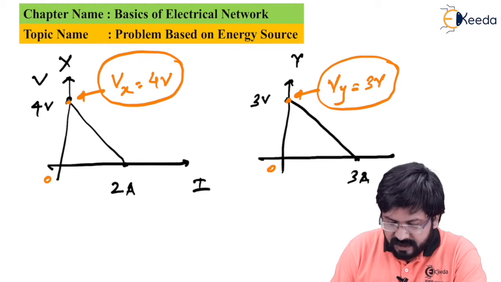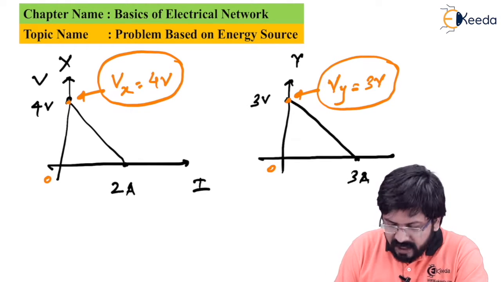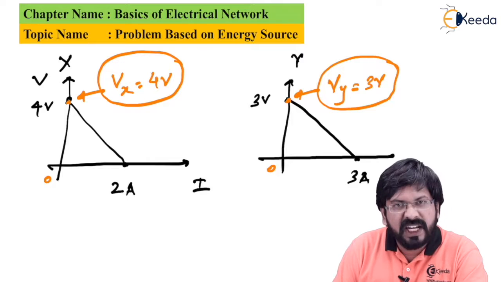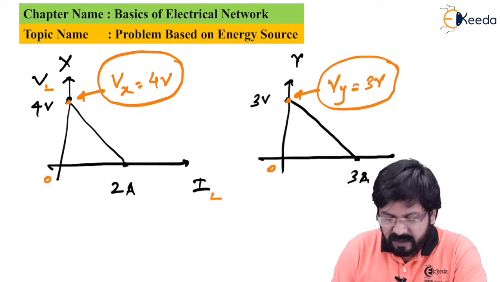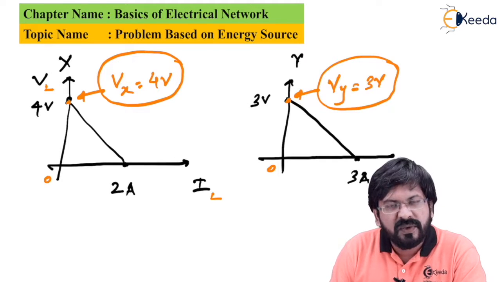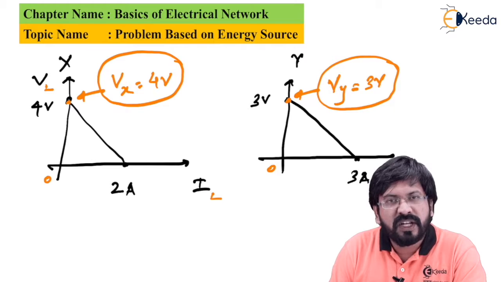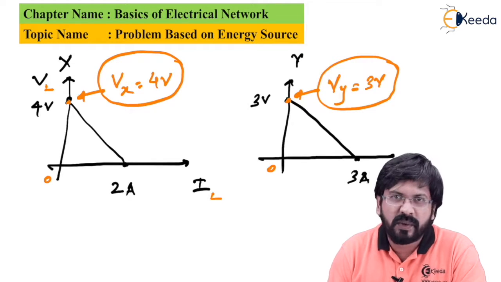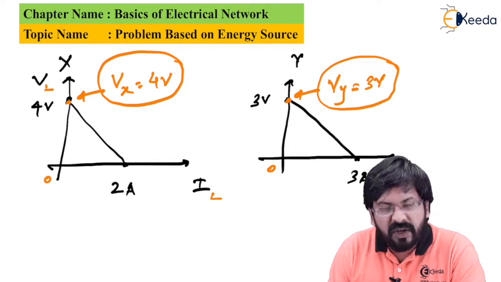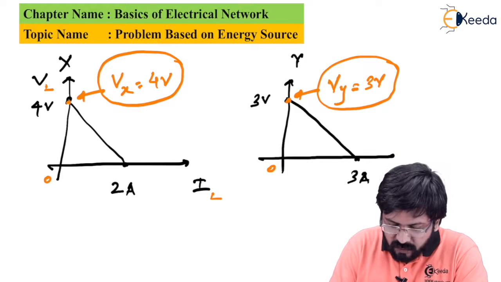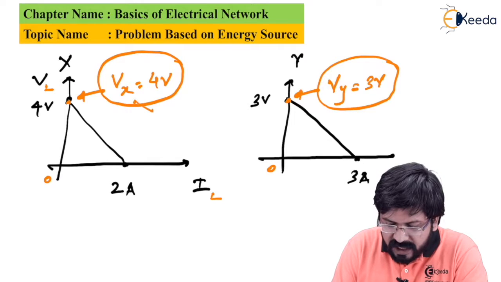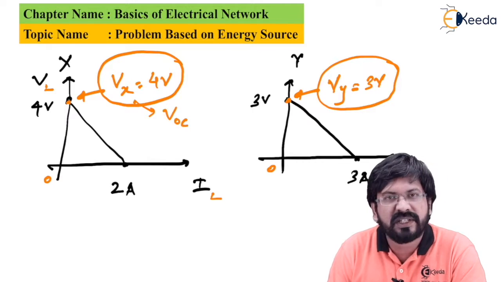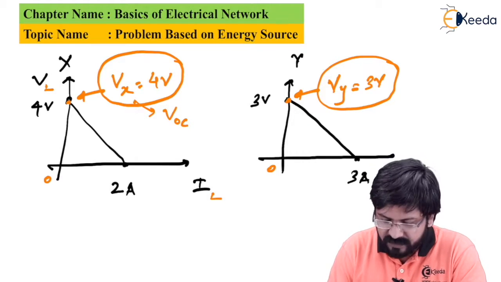If you see this characteristic, you can see the value of I equal to 0. If you remember, this was the VL versus IL characteristic. Load current can be 0 only when you open circuit the load. So by open circuiting the load, the voltage that you get over here, which is VL, which is nothing but Vx, can also be called VOC, where VOC stands for open circuit voltage.